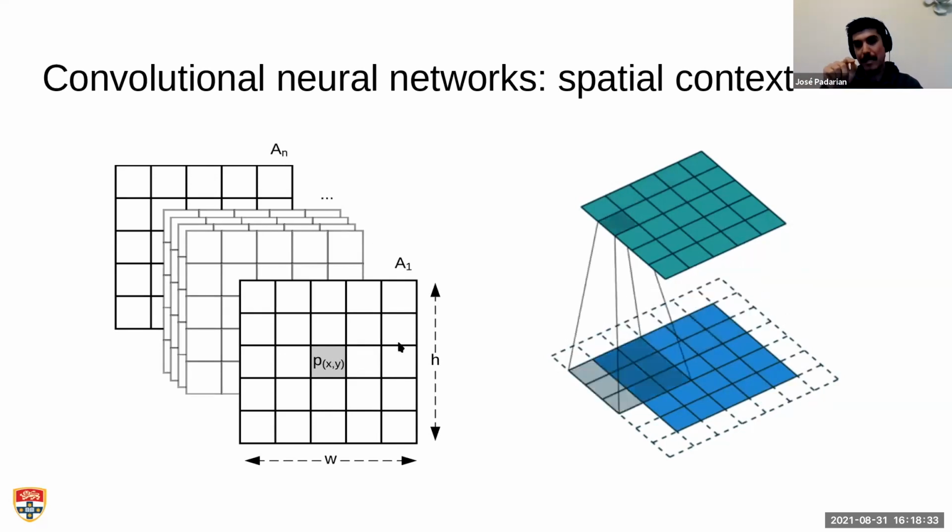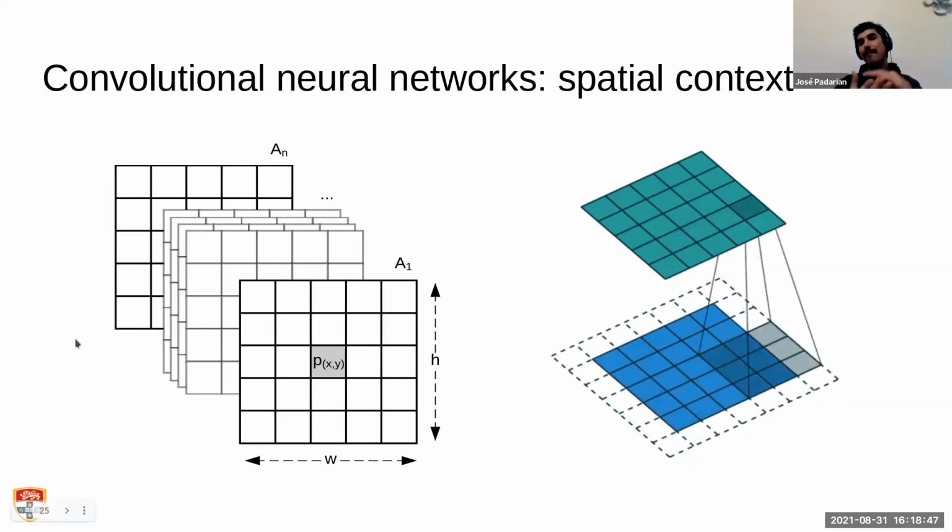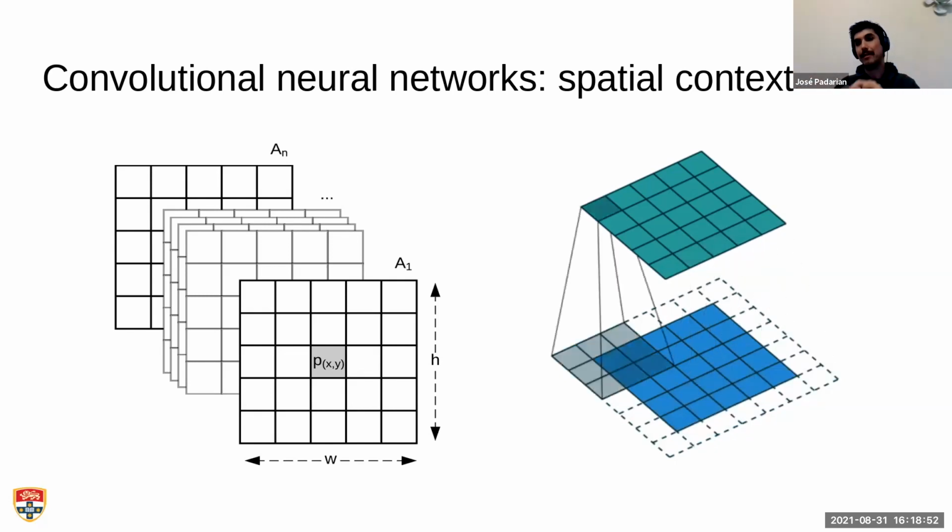So instead of having a single value for a specific covariate, we can have the contextual information about it. And we do that for all the covariates that we want to use in the modeling process. So effectively, instead of having a vector where each component is a covariate, we have a 3D stack of images.